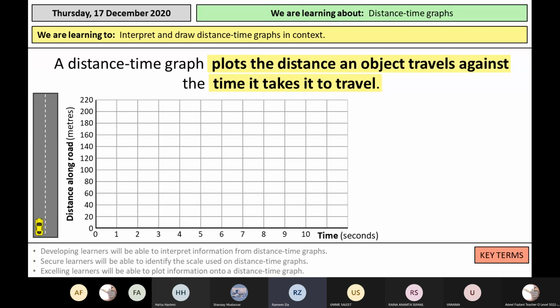You can name yourself as well, because I can't see the screen when you start replying to me. Your name does not appear, but I can recognize the voice. It is better for you to name yourself and then reply. Once again, distance along the road, for example, meter is specified. Is there any other unit in your mind that comes under the heading of distance?